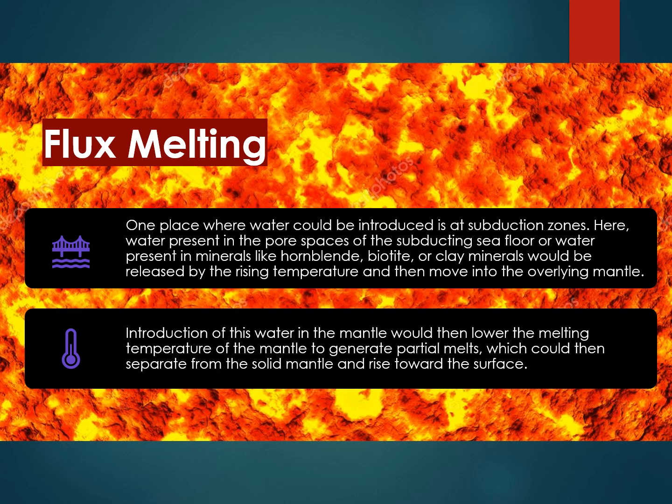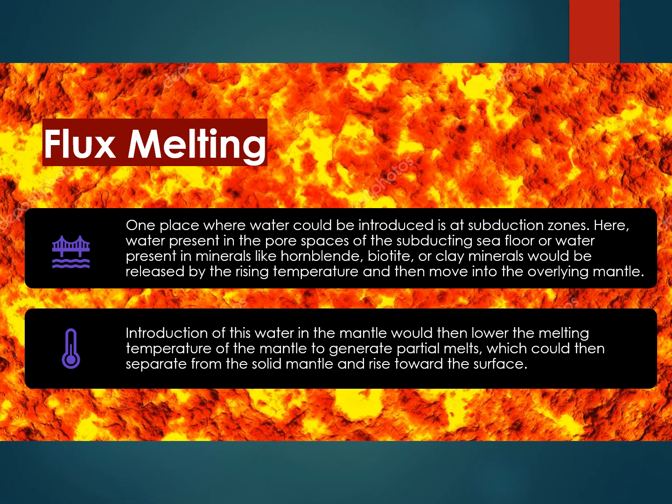Here, water present in the pore spaces of the subducting seafloor or water present in minerals like hornblende, biotite, or clay materials would be released by the rising temperature and then moved onto the overlying mantle.